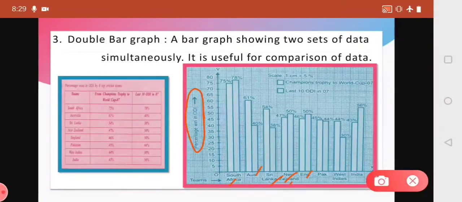For these two bars, you have to select two different signs, one plain and one dotted, or you can just make different lines. You can use two different colors also to represent the bars. So this is a double bar graph.